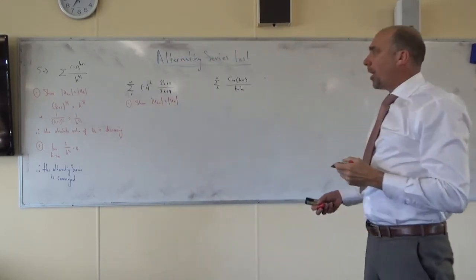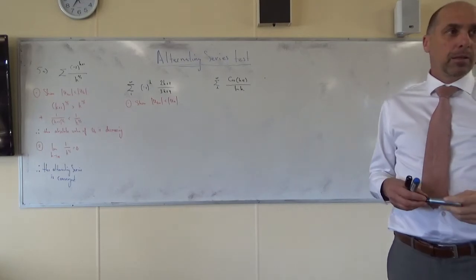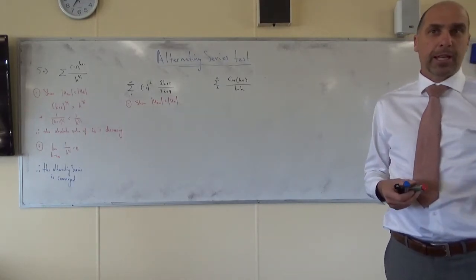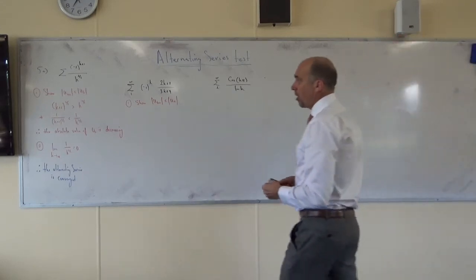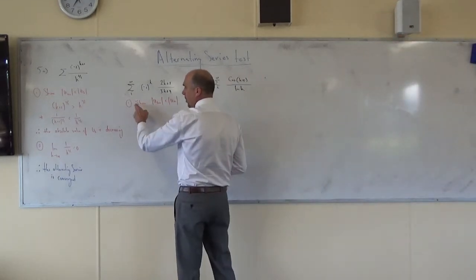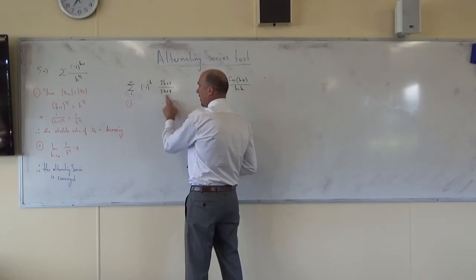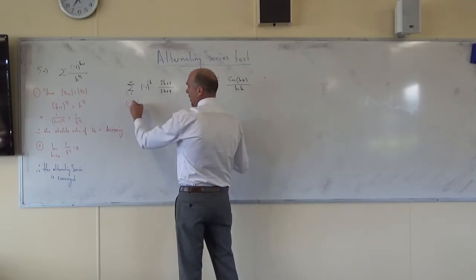Do you know what? I don't think I need to show that. I think I can just jump straight to the second test, can't I? Well, I'll show you. In fact, I'm just going to jump straight and say, find the limit. I can see what's going to happen here.